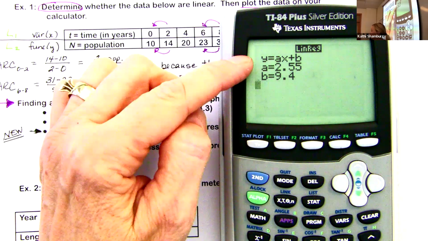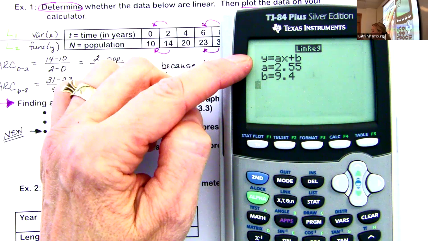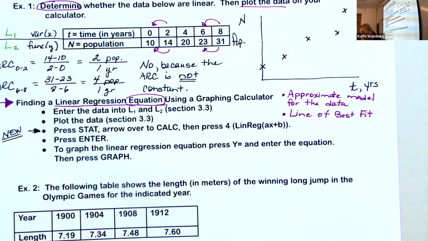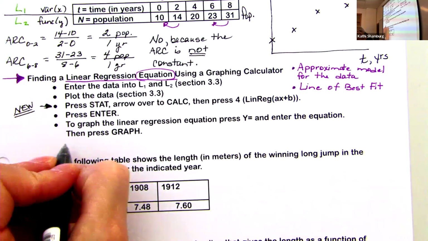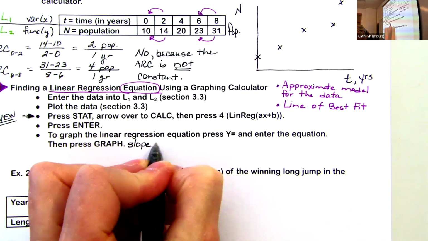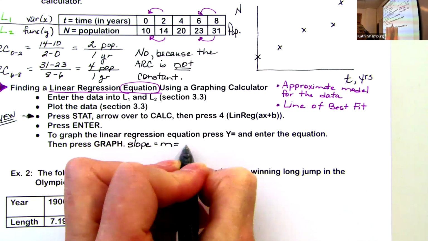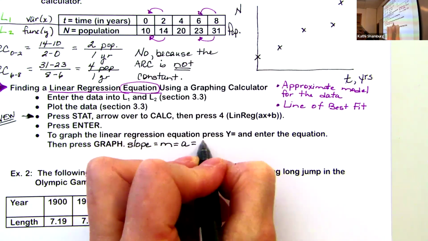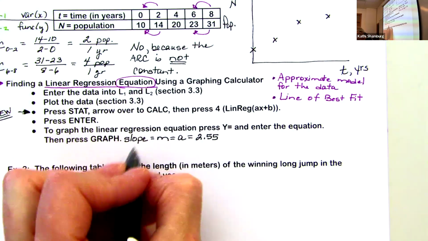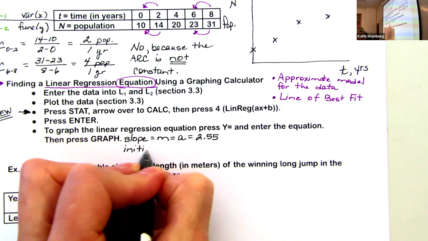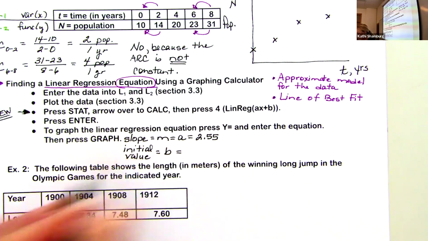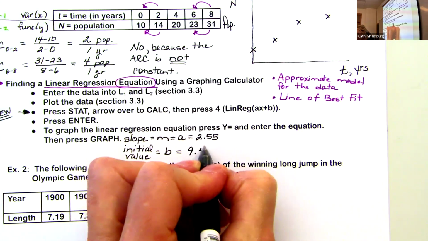And so our calculator has y equals ax plus b, where we're familiar with y equals mx plus b. So from my calculator, my slope, which we use M, the calculator uses A, it tells us it's 2.55. And then our initial value, we use B, and so does the calculator, and that's 9.4.